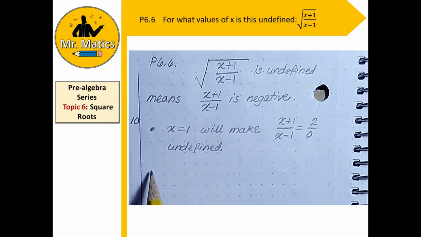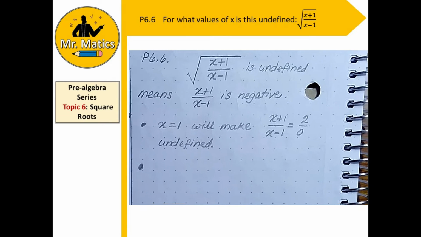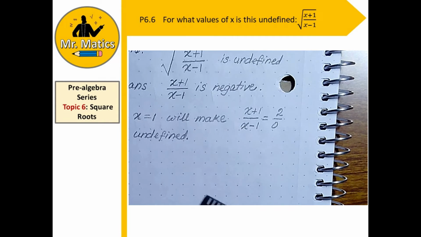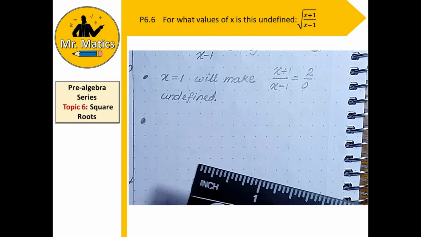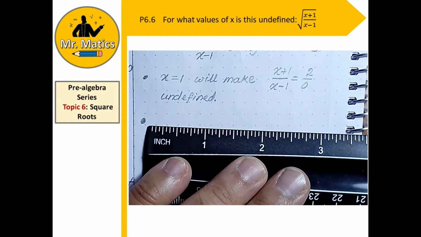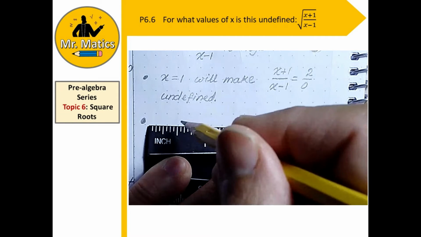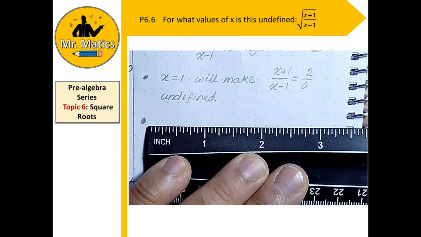Next we look at the number line, somewhere between 0 and 1 or around that neighborhood, to see what other values of x can make this ratio negative.